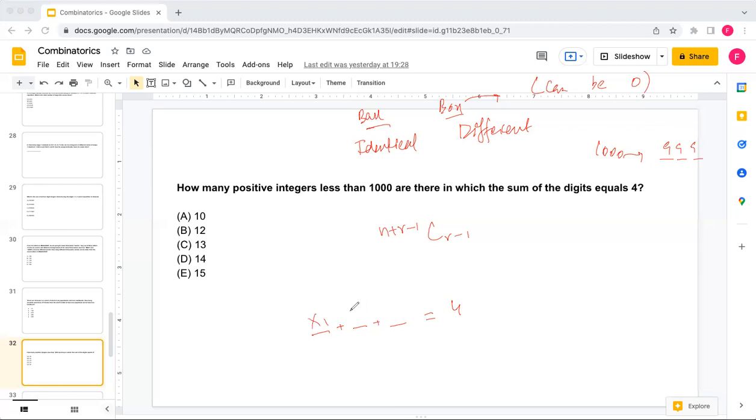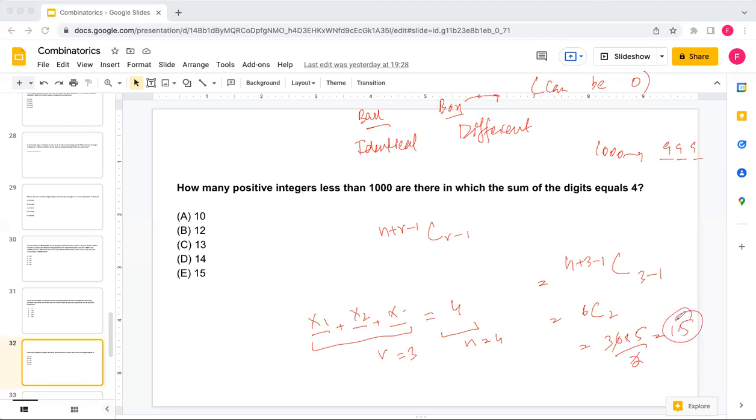So let these be x1, x2, and x3. In this scenario, this will be r and this will be n. Our n is 4 and r is equal to 3. So simply use the formula 4 plus 3 minus 1 combination 3 minus 1. So this will be 6 combination 2, which is 6 into 5 divided by 2, which is 15.